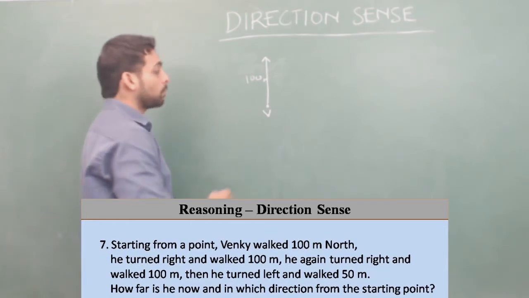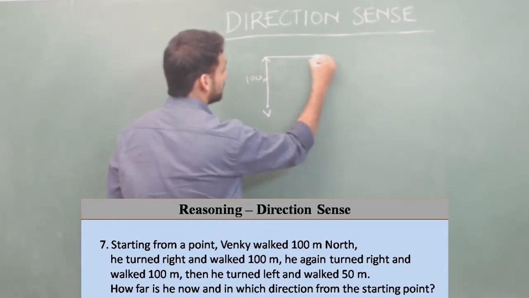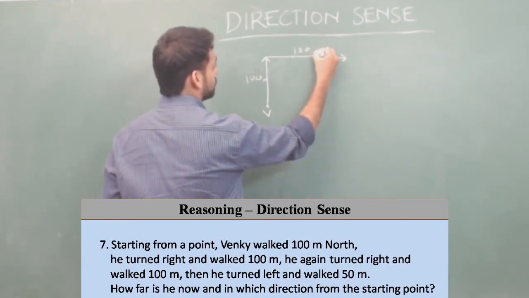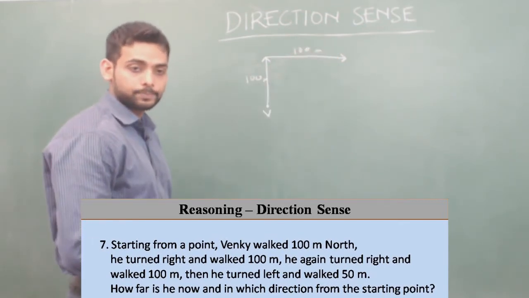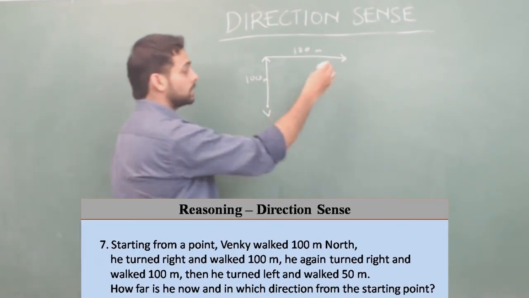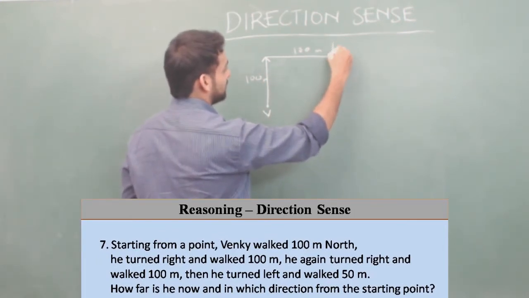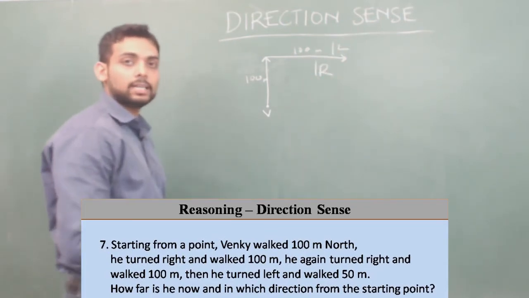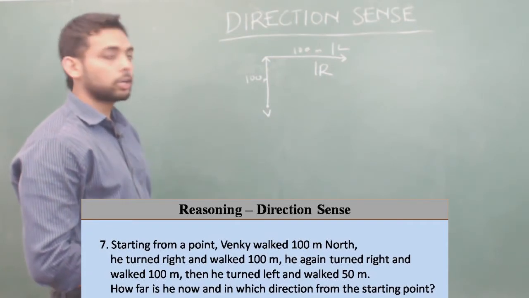He turns right and walks 100 meters. So he turns right in this direction and he walks 100 meters. He again turned right. So now that he is walking towards the east, this is his left and this is his right. Top is left, bottom is right.